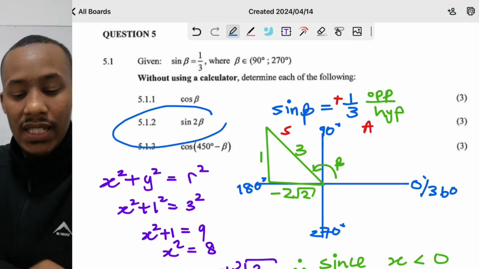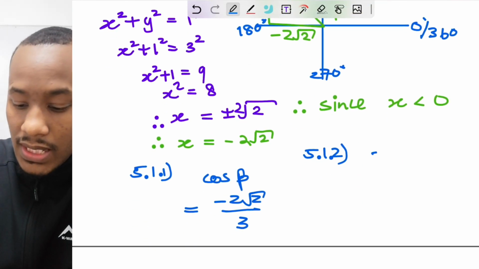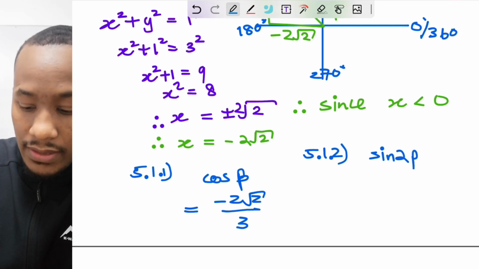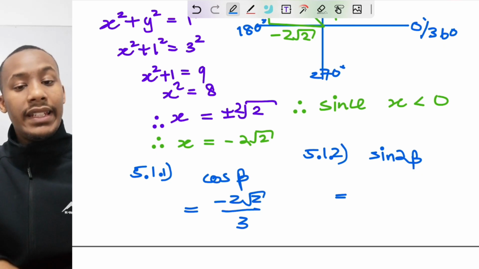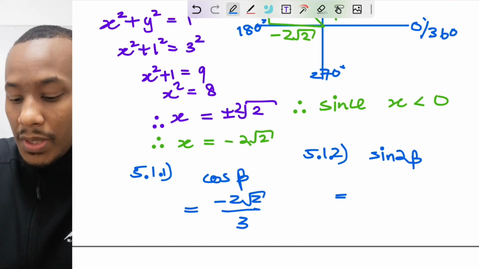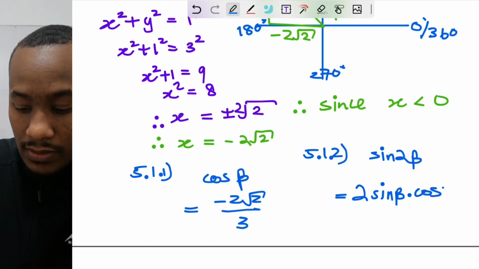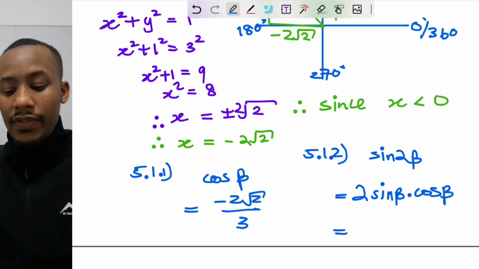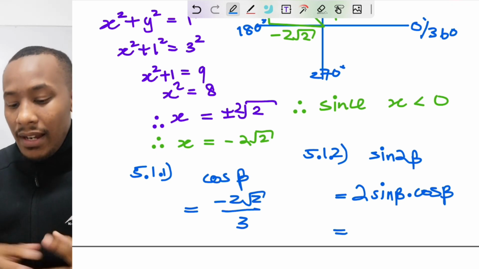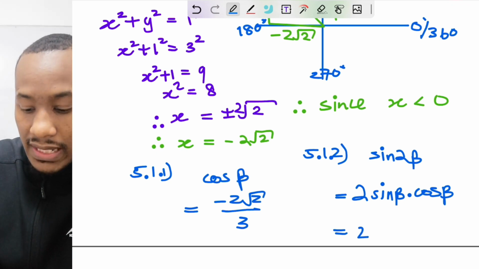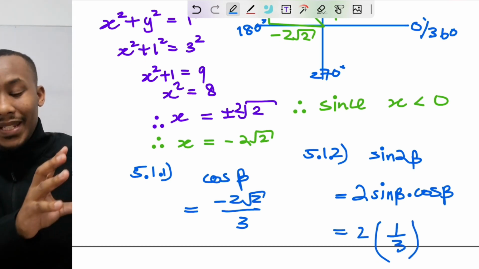Question 5.1.2. This question was sine 2 beta. Again, here you can make use of an identity. The identity for sine 2 beta would be 2 sine beta cos beta. That's one of our special trigonometric identities. Sine beta, the ratio for that we know is 1 over 3 because that was given to us in the very beginning.